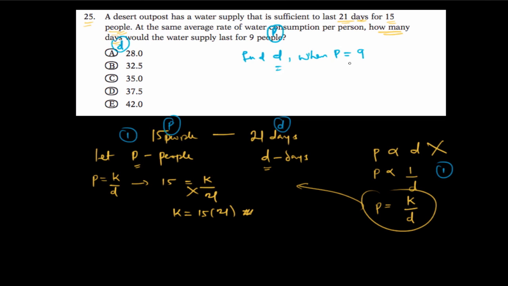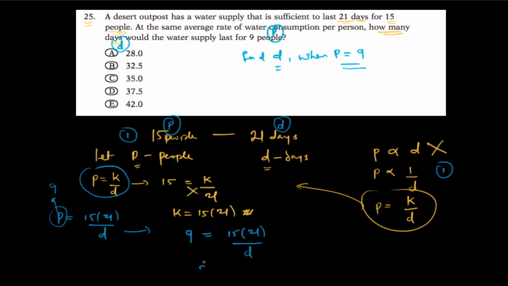So I'm going to use what I have here, which is P equals K divided by D. My K is 15 times 21, so P equals 15 times 21 divided by D. When P is 9, I obtain 9 equals 15 times 21 all over D. Now D is going to be 15 times 21 divided by 9.